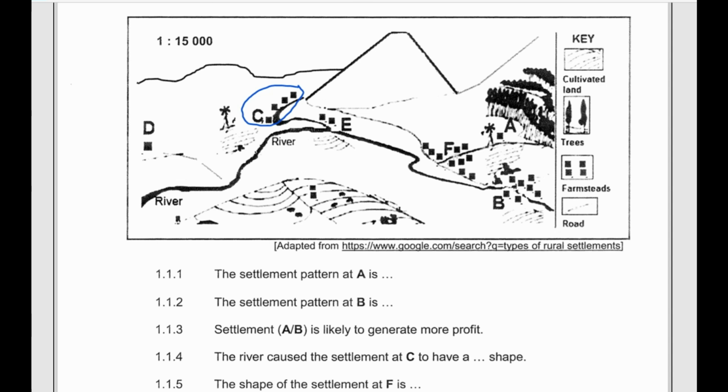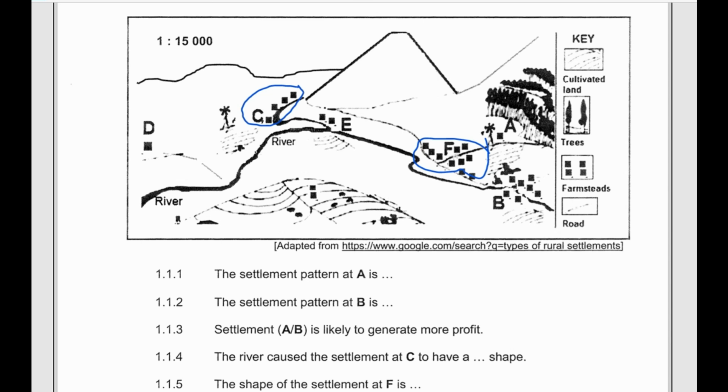So when you're talking of the shape of a settlement, we can figure out that this is a linear settlement. And also, analyzing this part using the concept of settlement shape, you can see that this is basically a T-junction shape for settlement F.